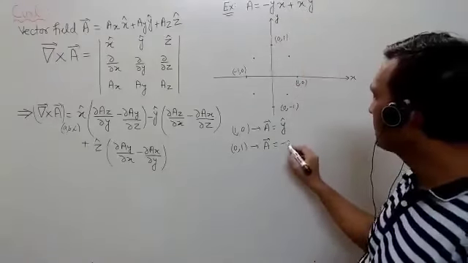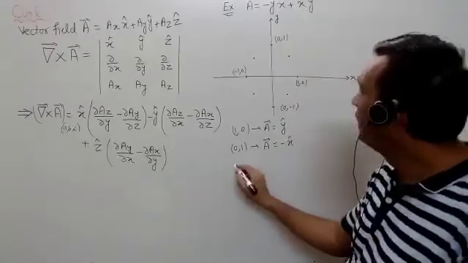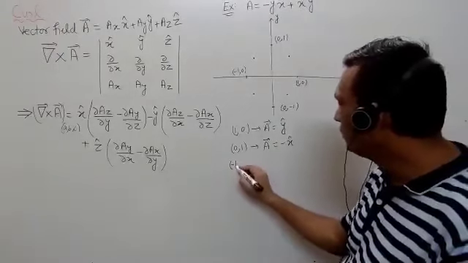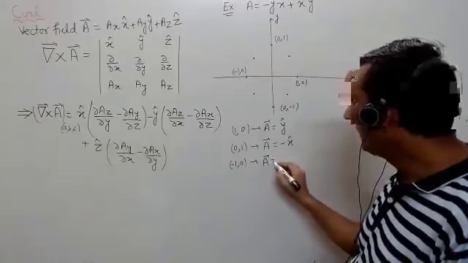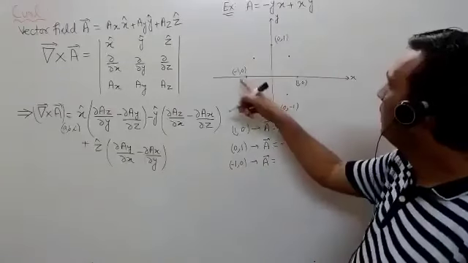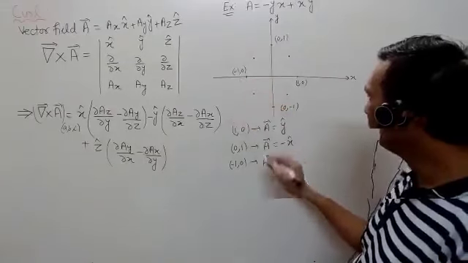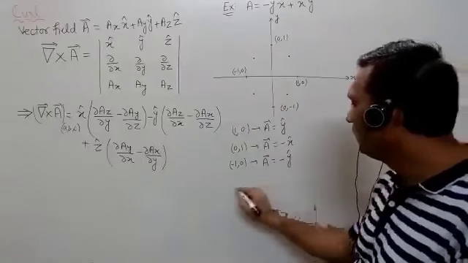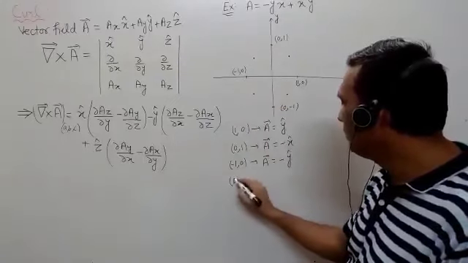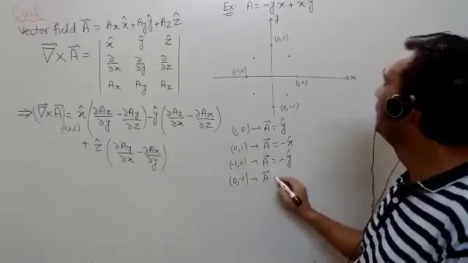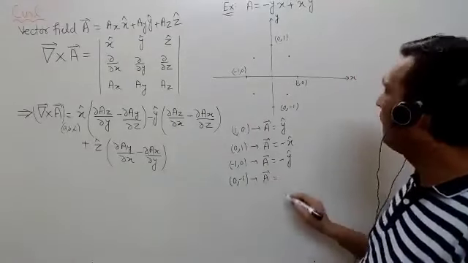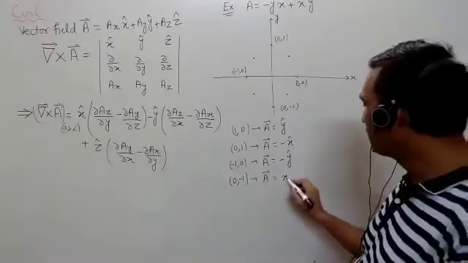So this is minus x cap. Then at minus 1, 0, x is minus 1, so this is minus y cap. And fourth point is 0, minus 1. Here x is 0, y is minus 1, so this will be x cap.